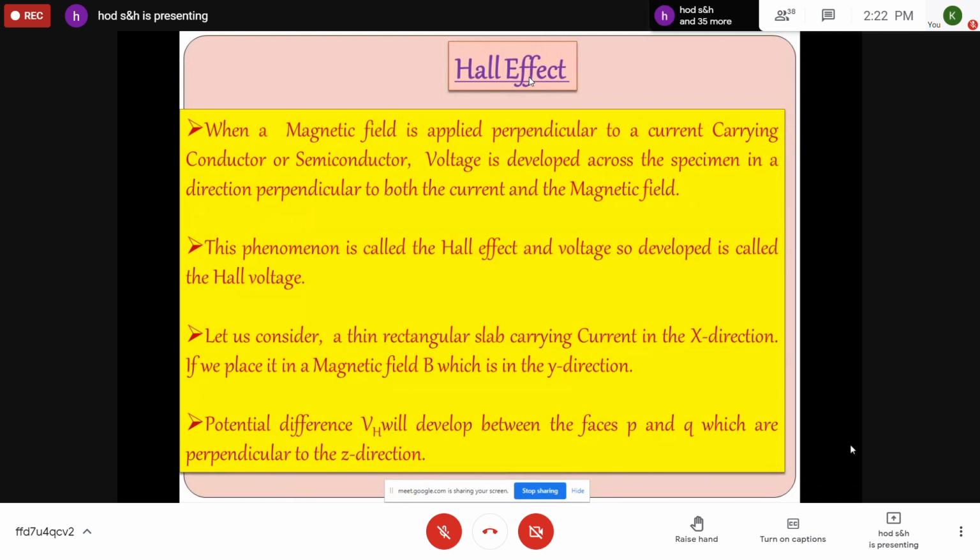The field is applied perpendicular to the length of the semiconductor. That is transverse magnetic field, perpendicular to length.